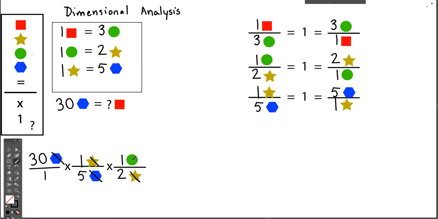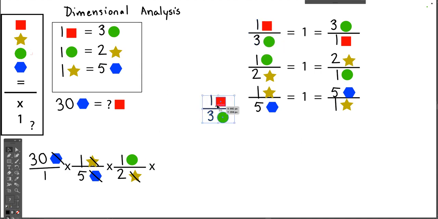But we're still not done because we still don't have what we want. The problem says how many squares, and right now the units that we have are green circles. So let's keep going. Let's multiply by 1 again. I'm sure we can find a conversion factor that gives us what we need. So we have green circles in the numerator. We need to multiply by 1 using a conversion factor that has green circles in the denominator.